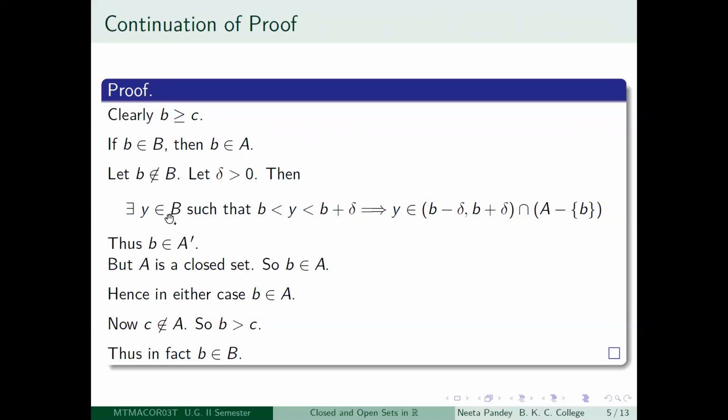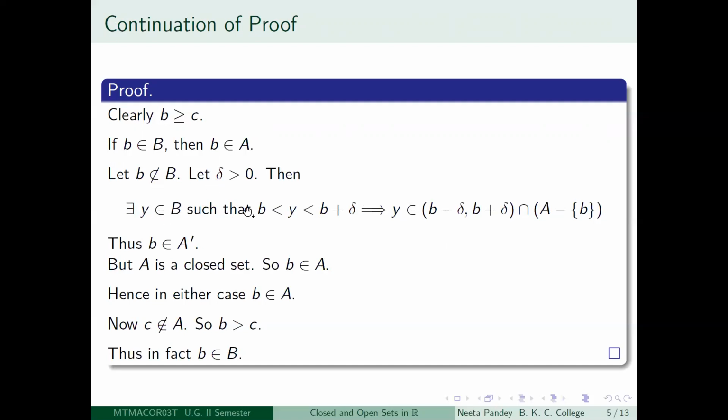Also, y belongs to B implies y belongs to A, and also y is not equal to b. So y is actually in the intersection of the deleted delta neighborhood of b and A. So this you got for any delta greater than 0.